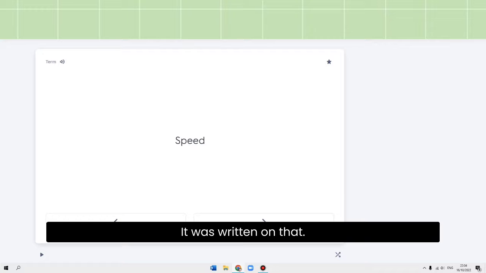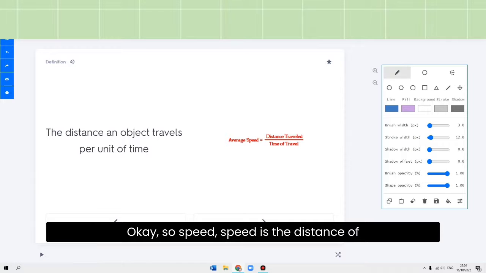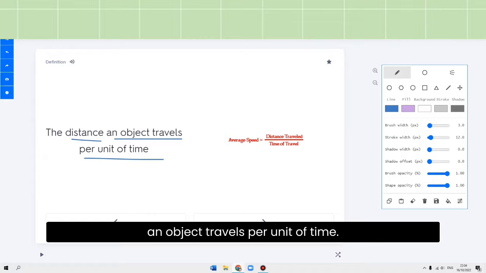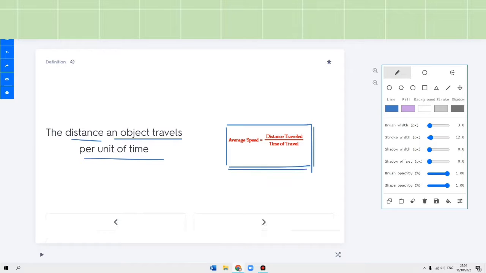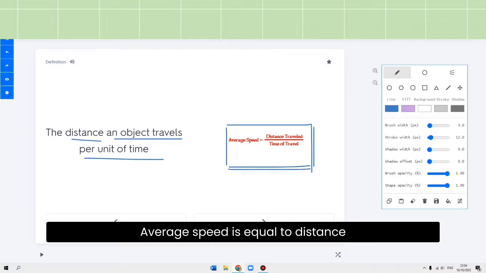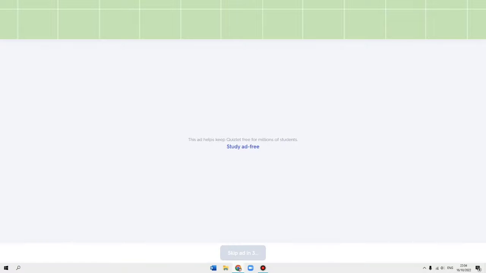Click on it: speed is the distance an object travels per unit of time. This is the equation and the concept. Average speed equals distance traveled divided by time of travel. There we go, and then we can move on to the next term.